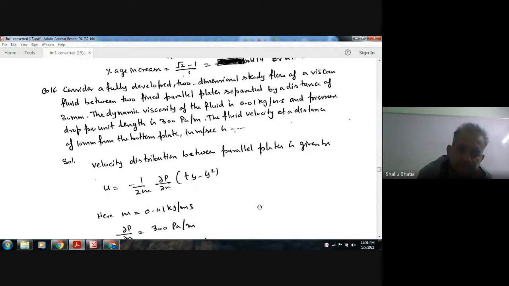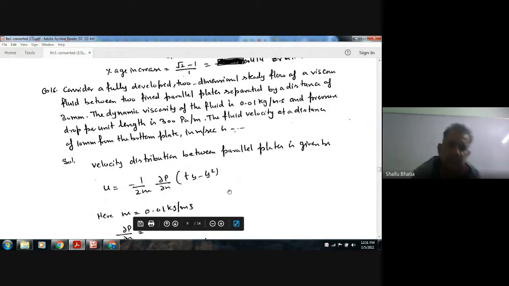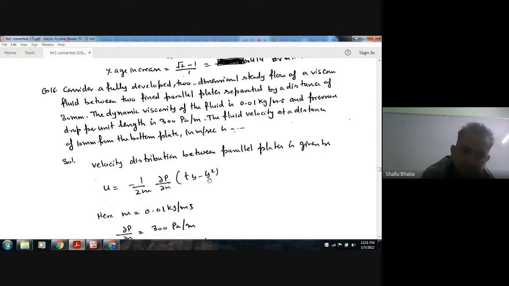So in a laminar flow between the plates, the velocity at a distance y from one of the plates is given by this formula, minus 1 by mu dp by dx into (t minus y) y. So this is the formula that we have to remember for the flow between parallel plates.